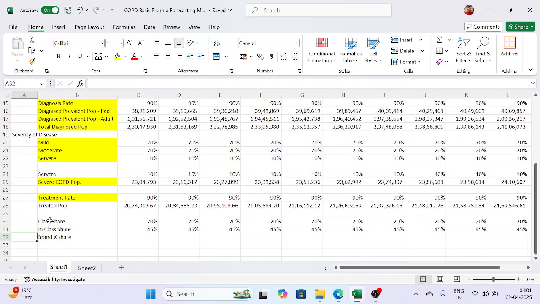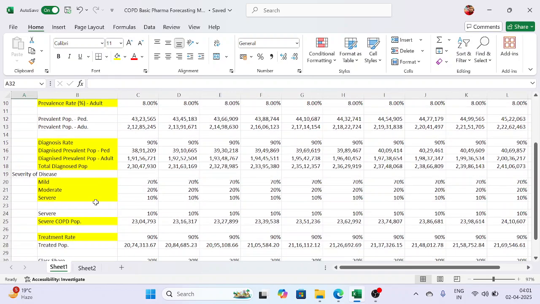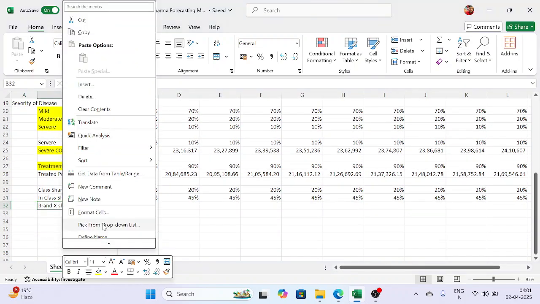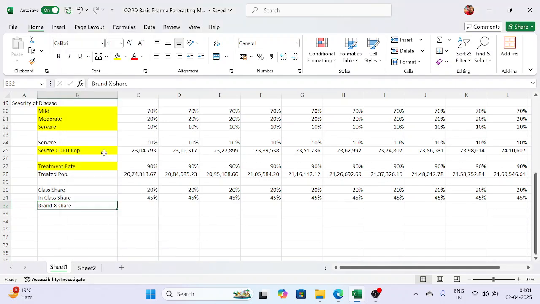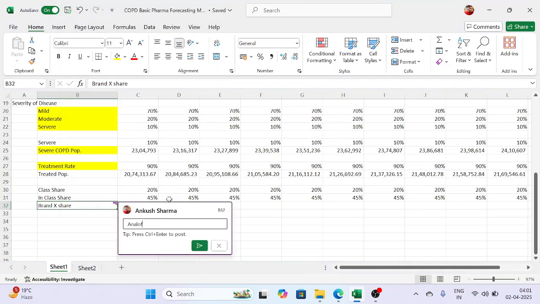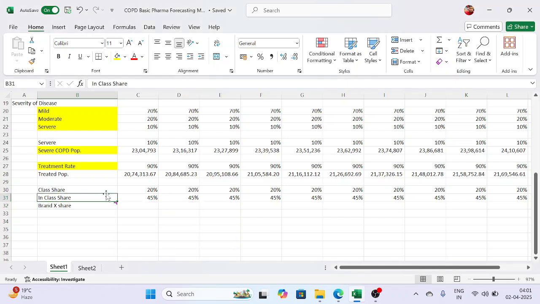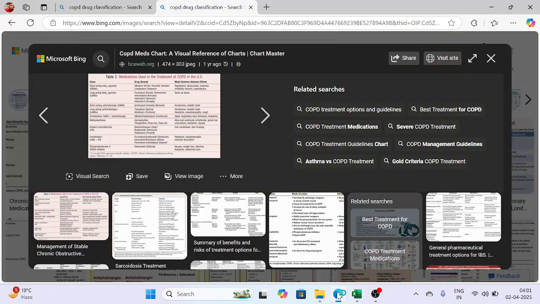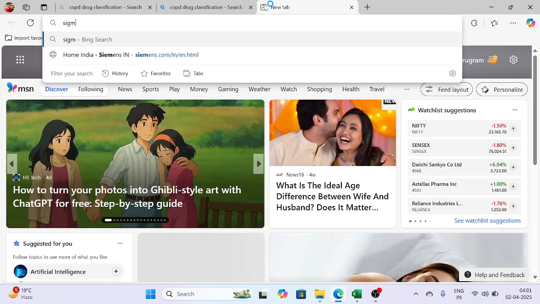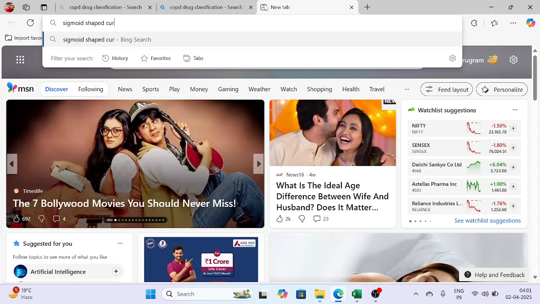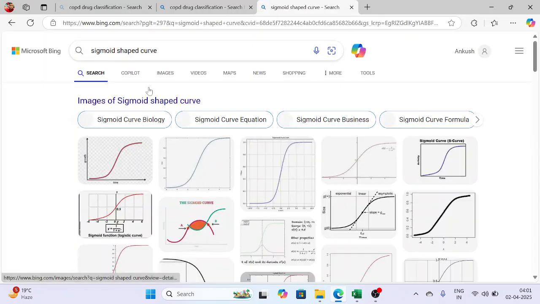The share of your brand will come from the analog analysis, which we will be discussing in detail, of course. Let me just give a brief on how the brand X share comes.